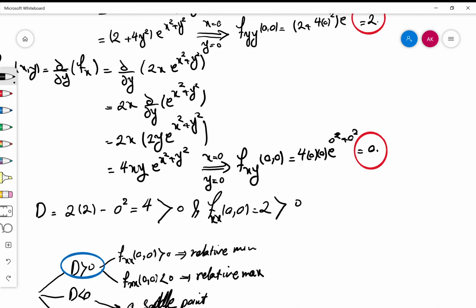So D was positive, then fxx at (0, 0) was positive. Then as a result of that, we can conclude that (0, 0) is a relative min.